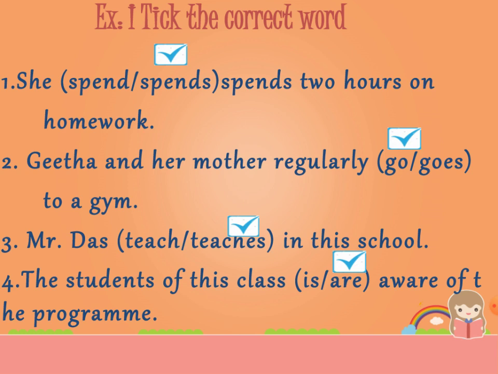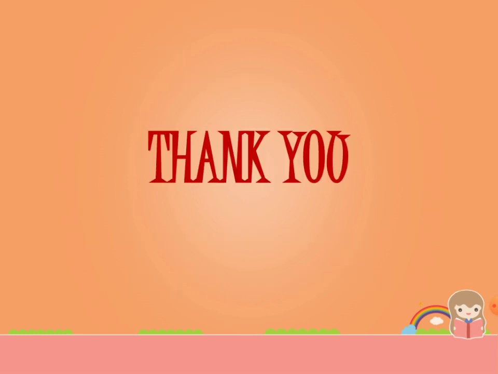Always remember singular subject, singular verb, plural subject, plural verb. When you get an action word with a singular subject, you have to use s or es in the verb. Whenever you get a plural subject, no s or es with the action verb. Understood, dear children? Solve the rest of the exercises or the rest of the sentences by yourself. Okay, thank you.